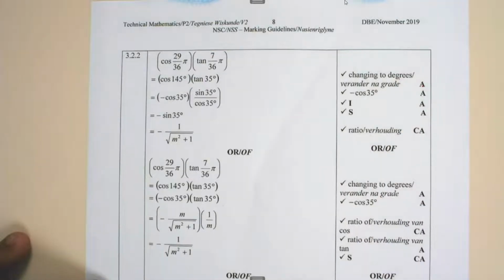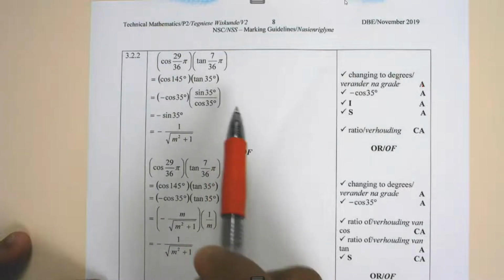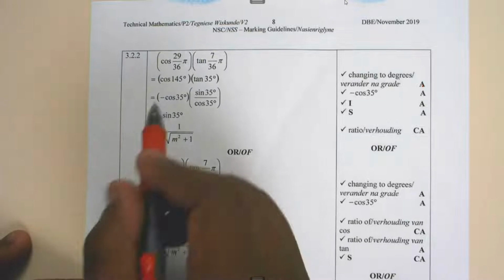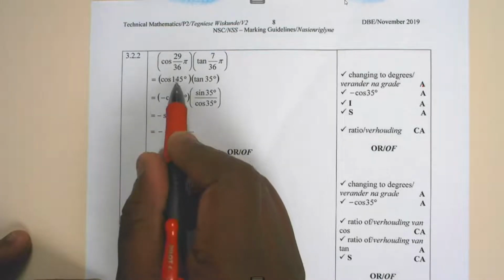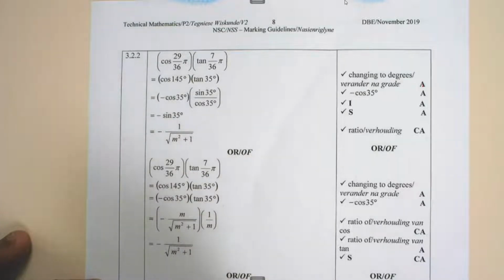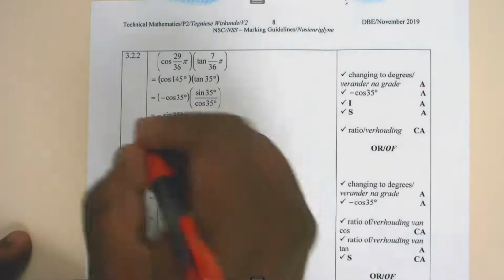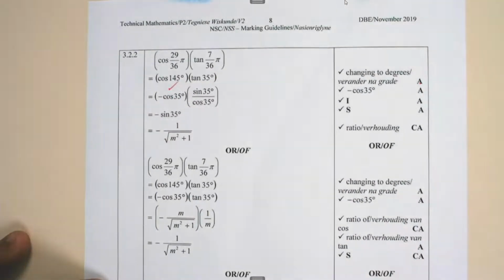Right? As you continue, the second mark will be negative cos 35, from the reductions. Remember 135 is in the second quadrant, and in the second quadrant we have 180 minus 35 in terms of 145 here. And then you give a mark for this one, and it is also an accuracy mark.